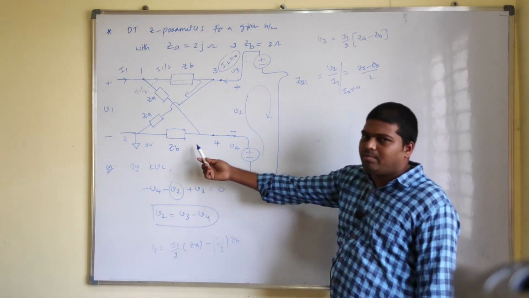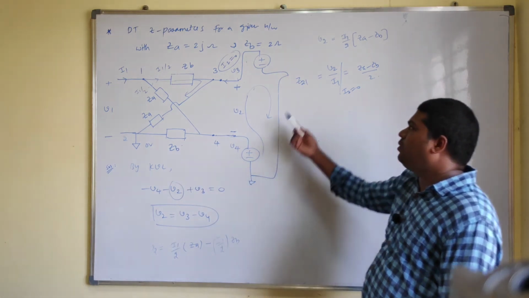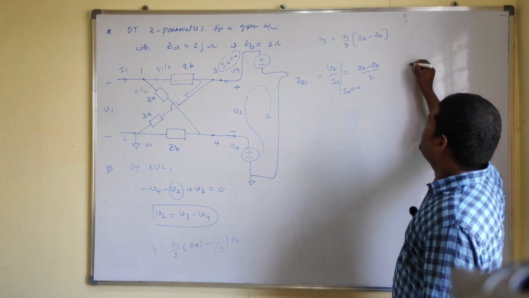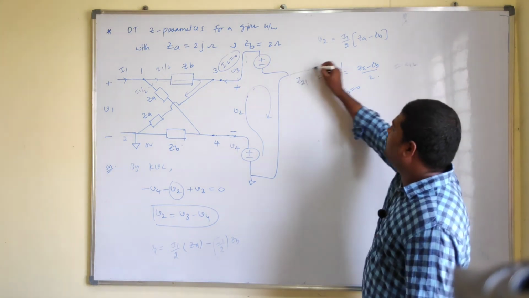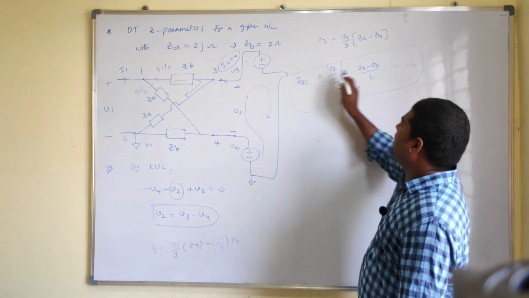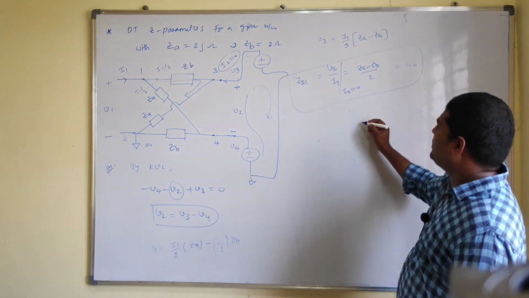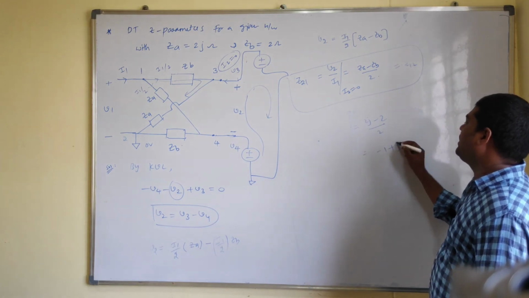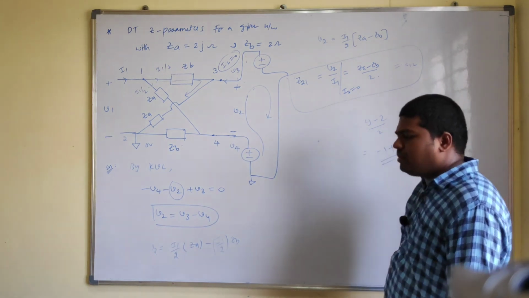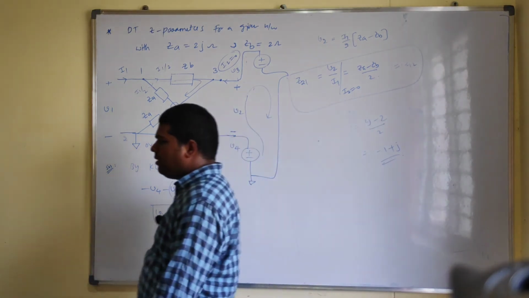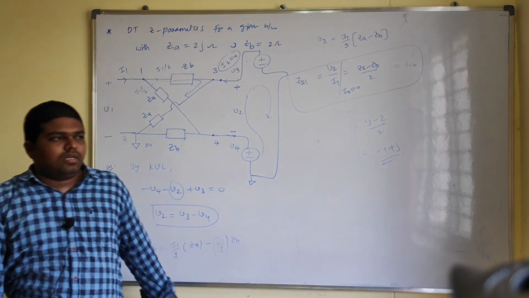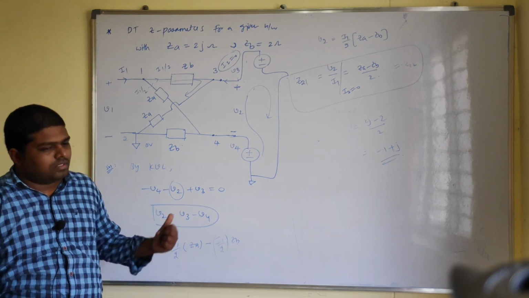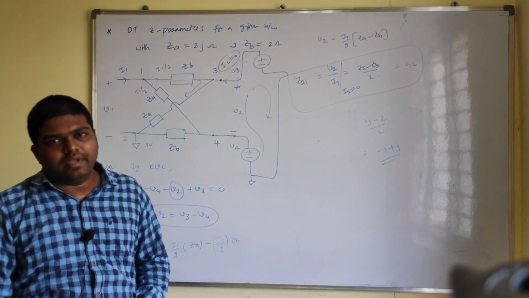The given network is a symmetrical lattice network, so if Z21 equals (ZA minus ZB) by 2, then obviously Z12 is the same. Here ZA equals 2j and ZB equals 2, so that gives minus 1 plus j. In this way also you can calculate the Z parameters for a given network. This is a lattice network problem, K 2004.